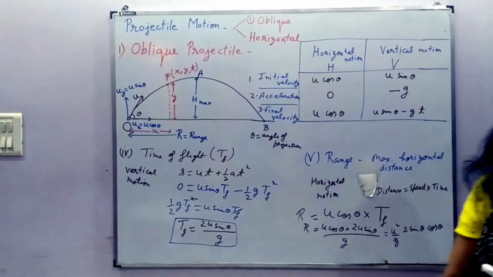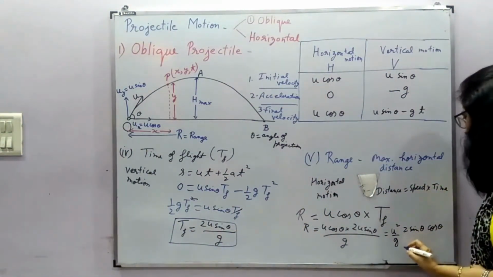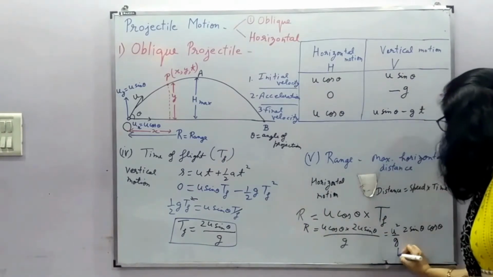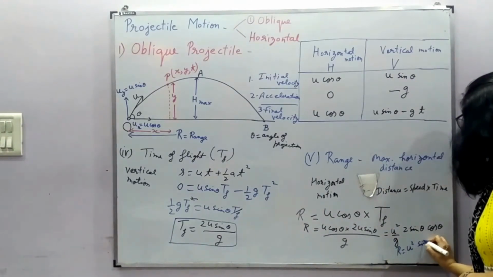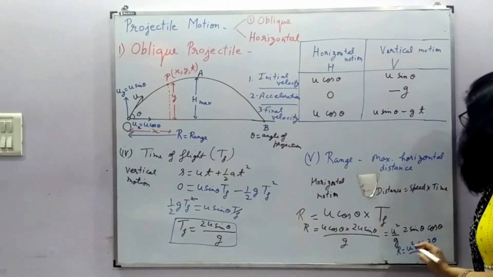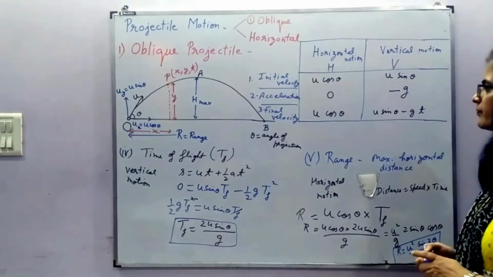And 2 sin theta cos theta, there is a formula in trigonometry. This is equal to sin 2 theta. So the formula comes out to be r is equal to u square sin 2 theta upon g. So this is the formula for range.